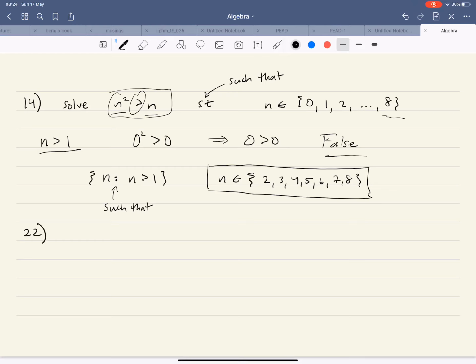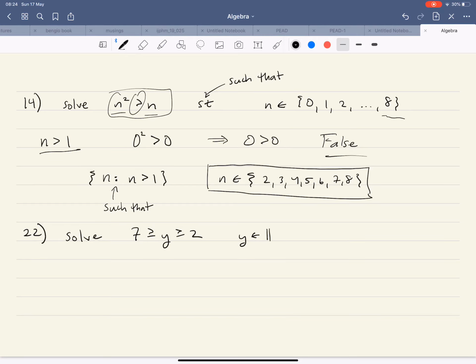Now we're going to take a look at number 22. So number 22 asks us to solve 7 greater than or equal to y greater than or equal to 2. And now our domain for y is the positive real numbers.